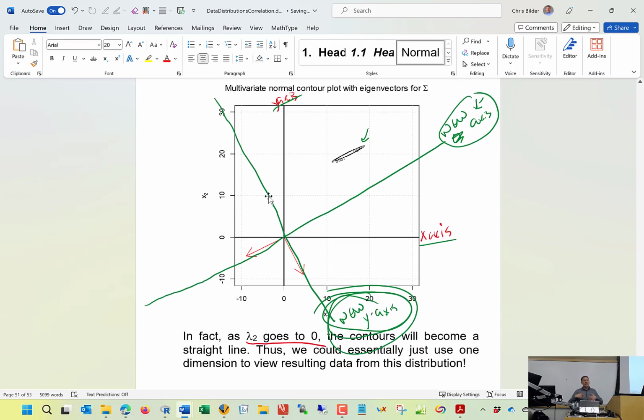So let's extend this to another situation. Suppose instead of having just 2 variables, I had 10 variables, and I have a multivariate normal distribution like this. Understanding data that has 10 variables in it, as you can imagine, can be kind of difficult. You have 10 things to worry about now.